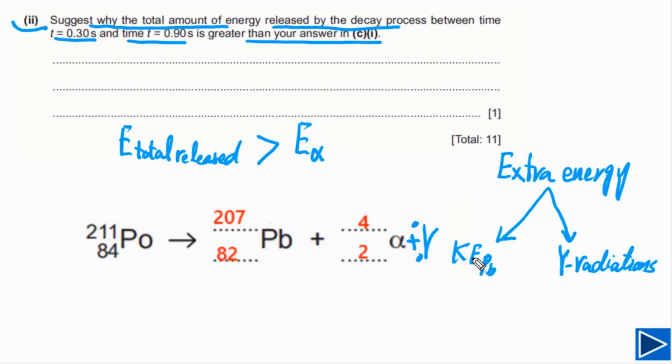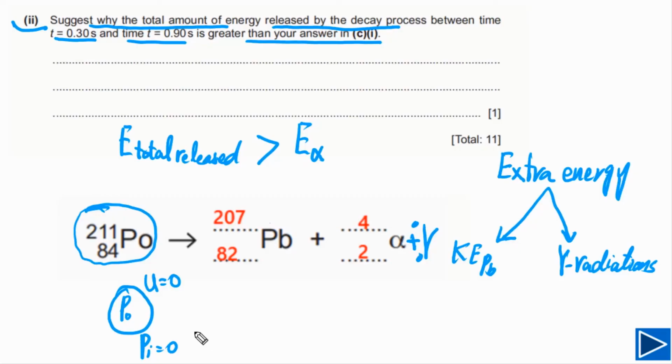Now let's try to understand how it becomes kinetic energy of Pb. The polonium nucleus initially is at rest. So u is 0, so the momentum of this, P initial, is also 0. Momentum has to be conserved in any decay.